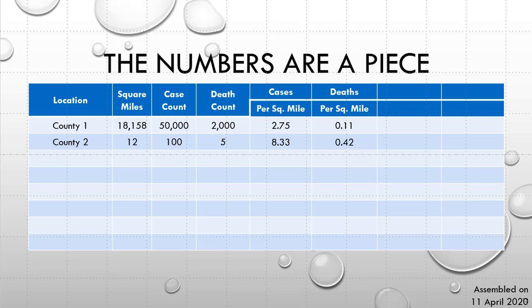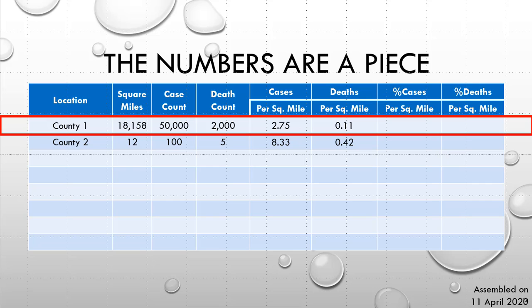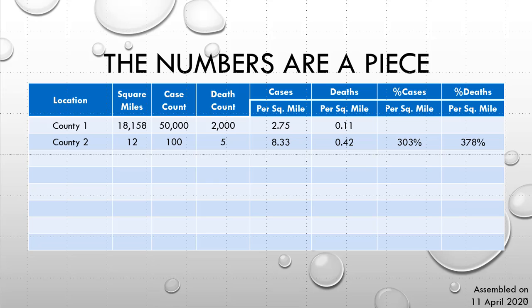Now, if you look at it from a percent perspective, I'm always going to use the first line in this table as the reference point. So from that reference point, if you looked at County 2, you'd see that the percentage of cases in County 2 is 300% higher than County 1, and the death rate is almost 400% higher than County 1.